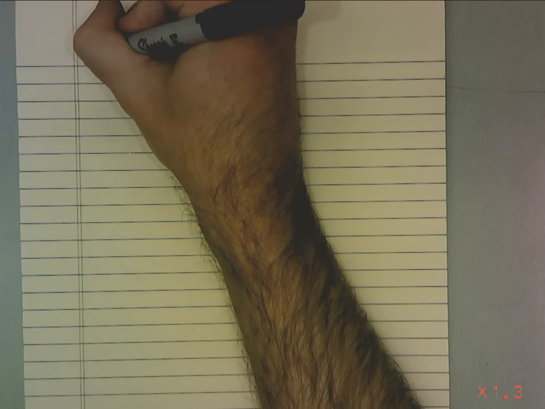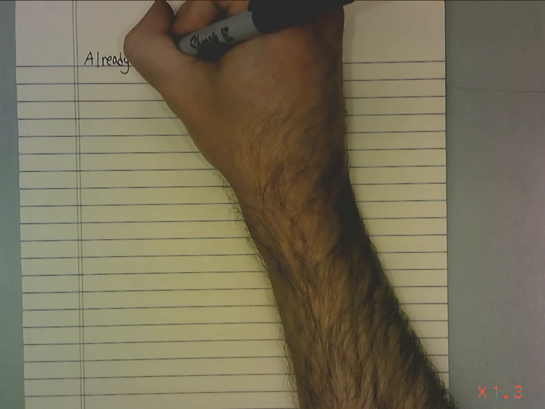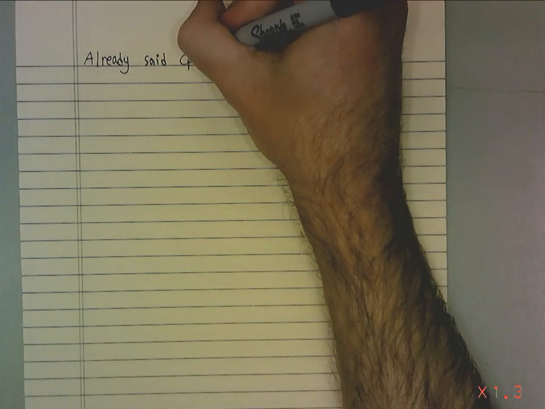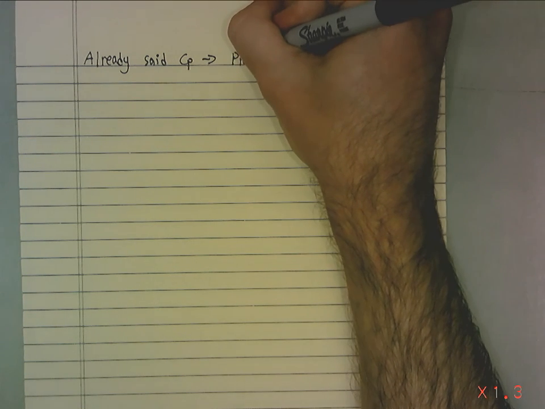What do you think? Let's do this. I already asked the question, and we're trying to answer it. Is CP checking accuracy or precision? And we already decided it was precision. So we already said CP is a precision tool.